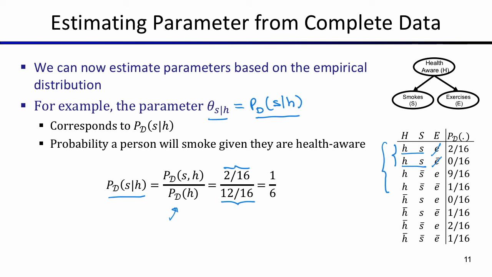So we're going to have 2/16 plus 0/16 plus 9/16 plus 1/16, which is 12/16. And if we divide these 2 numbers, we have 1/6. That is our estimate for this parameter here, right?